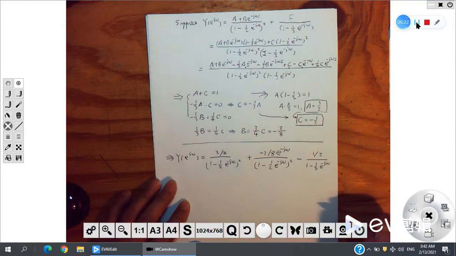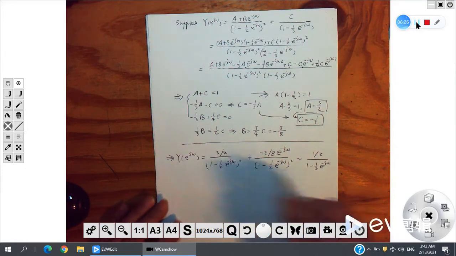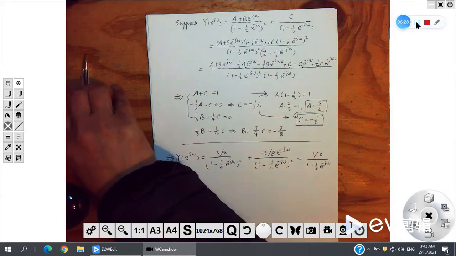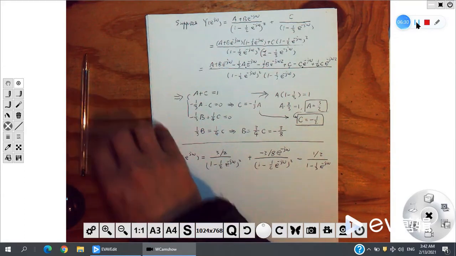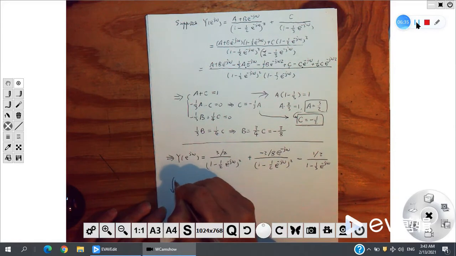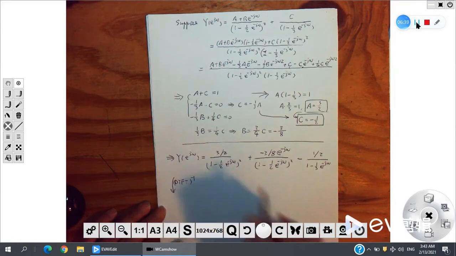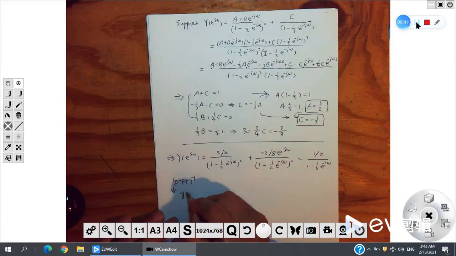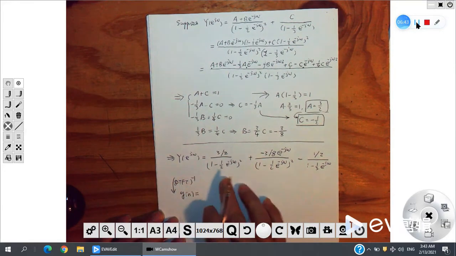Alright, so we have these 3. Then we need to use a table to find what is the time domain, right? We need to go back with DTFT inverse. We will have y of n equal to, okay, we need to check tables again.